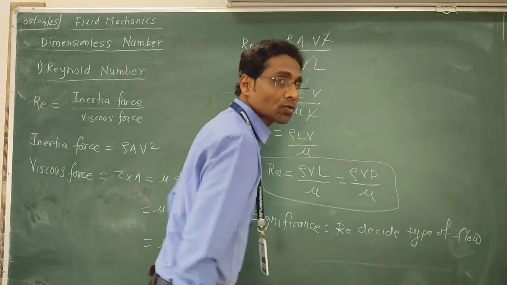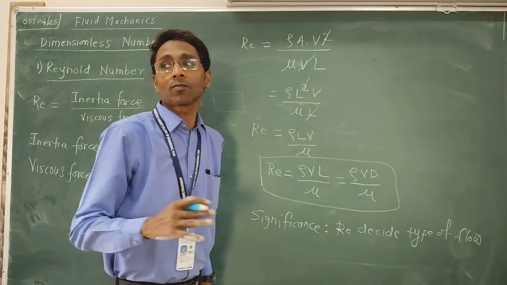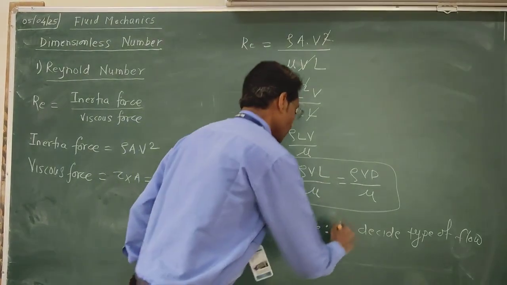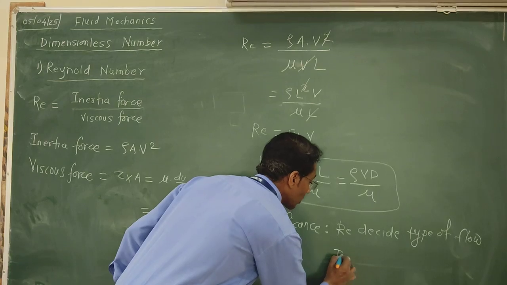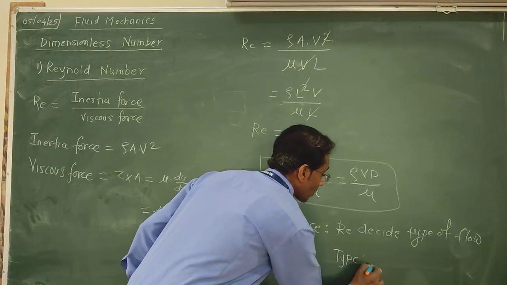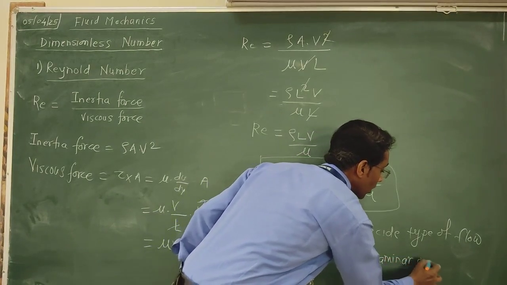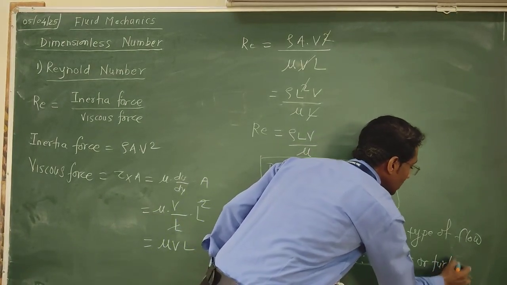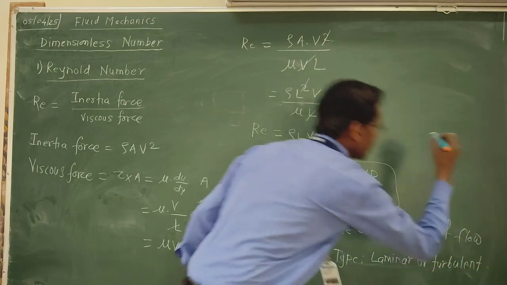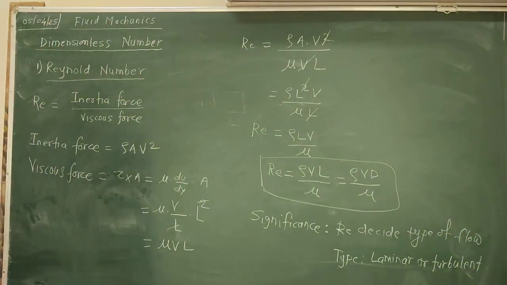When the Reynolds number is crossing 4000, we say the flow is turbulent. Whether the flow is laminar or turbulent is decided by the value of the Reynolds number. So that is the significance of the Reynolds number.